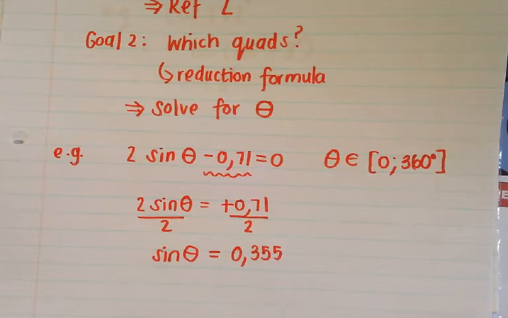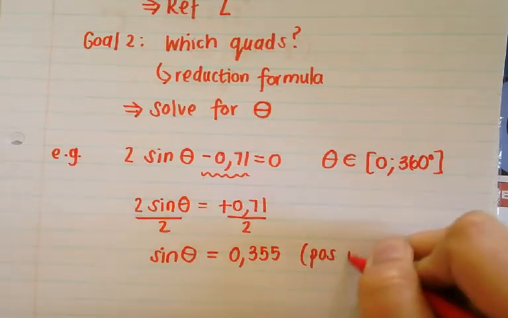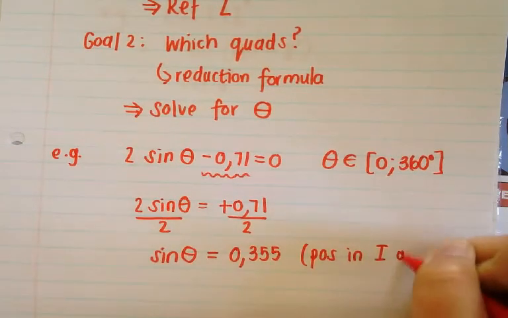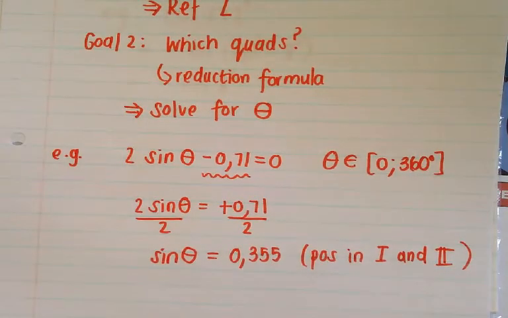It's positive. Now, in which quadrants do I find a positive sine? 1 and 2. So now I'm going to have to find an answer for theta in quadrant 1, and an answer for theta in quadrant 2. But I need a reference angle to know what I need to do with the reduction formula.